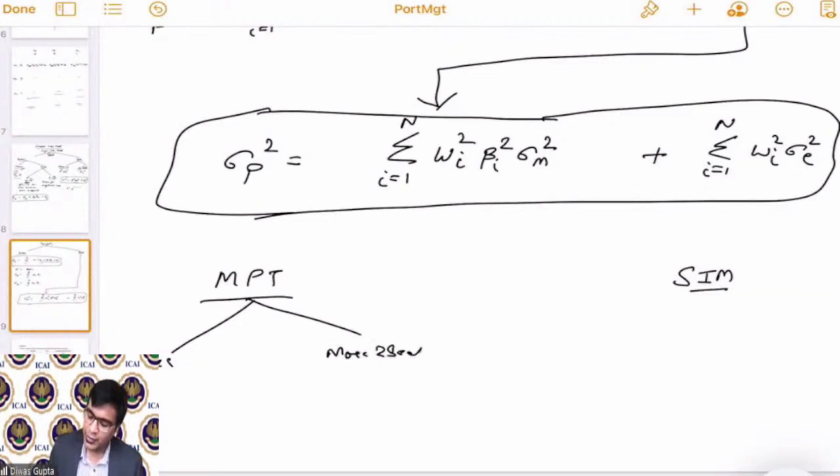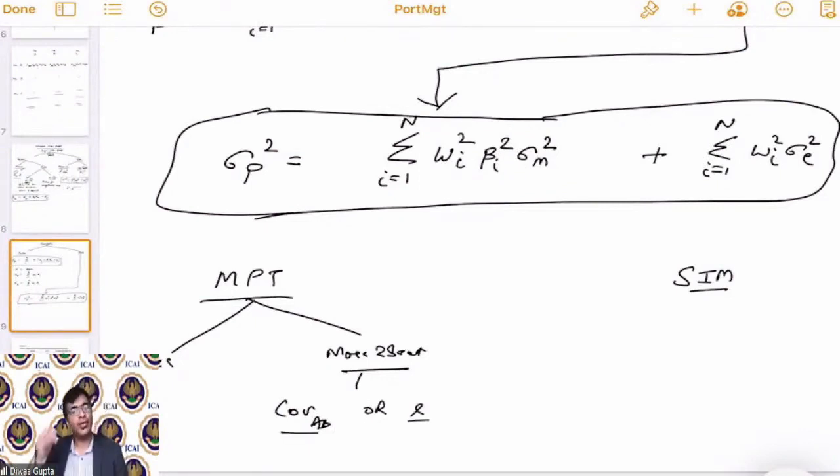Wherever more than two securities is concerned, you have to either have the covariance between A, B, B, C, C, D, or whatever is the combination that is there, or you need to have the correlation coefficient, which is again calculated using the covariance, correct? Either you need to have the R combination, or you need to have the covariance combination. But if you see, it will ask us to calculate a lot of variables, correct? Because you can imagine the kind of variables that we will calculate.